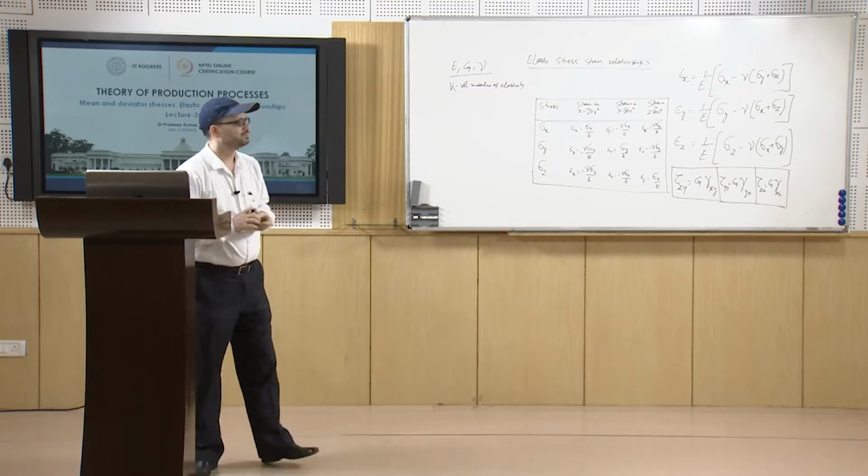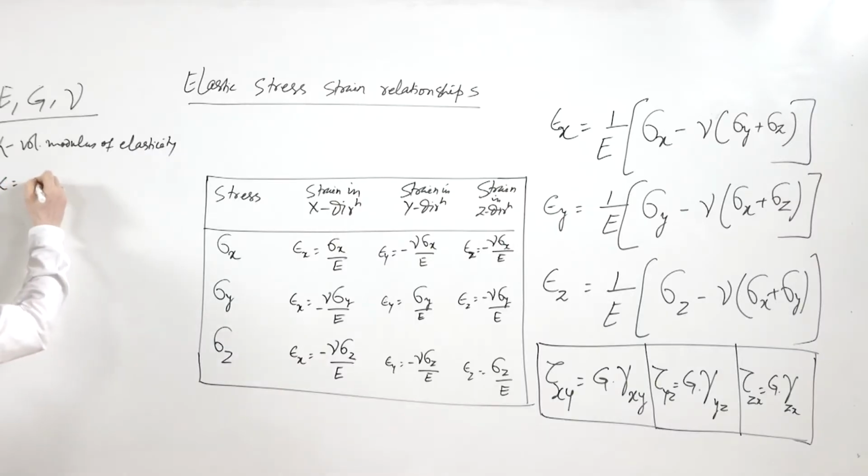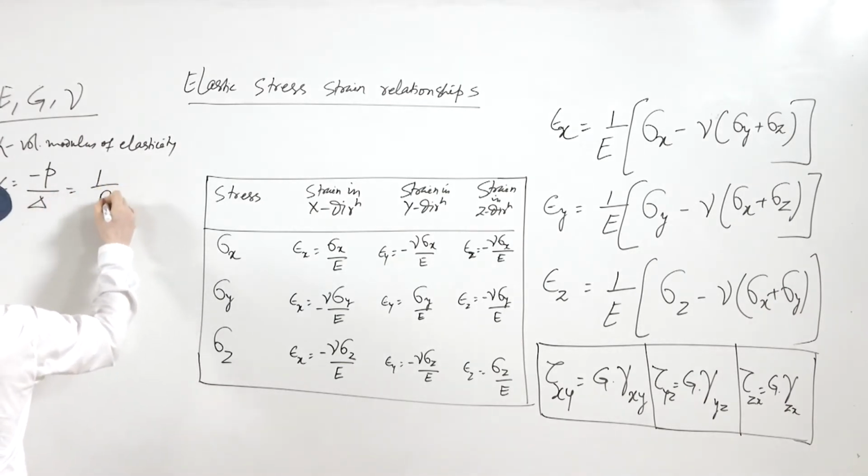So, once you define that, K will be defined as the mean stress, that will be P, divided by strain. So, the volumetric strain is delta, and that is basically defined as 1 by beta. So, this beta is known as compressibility.